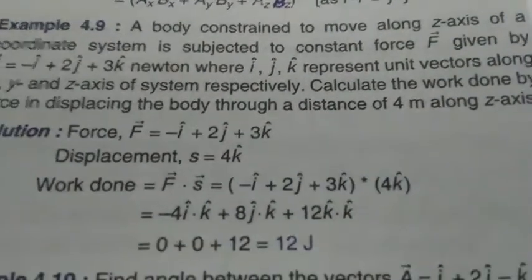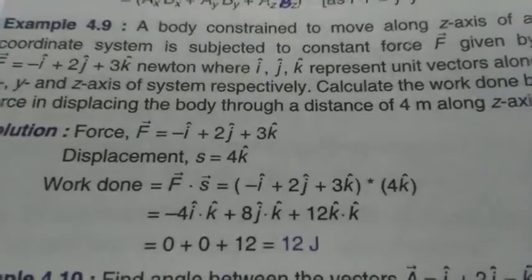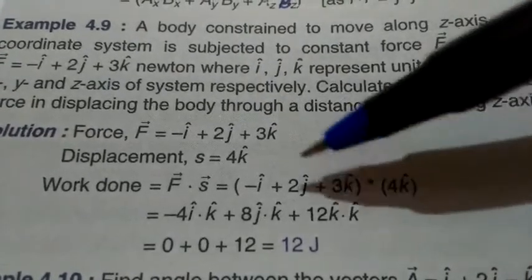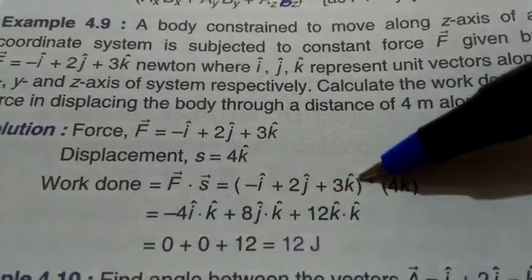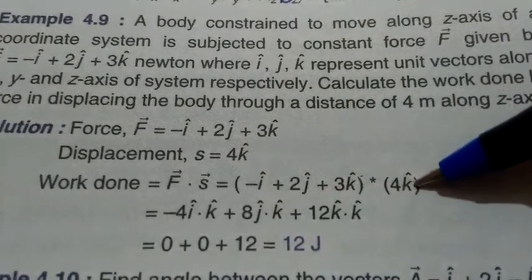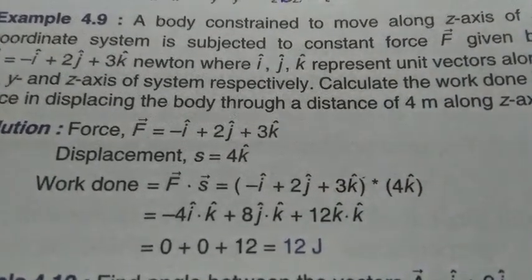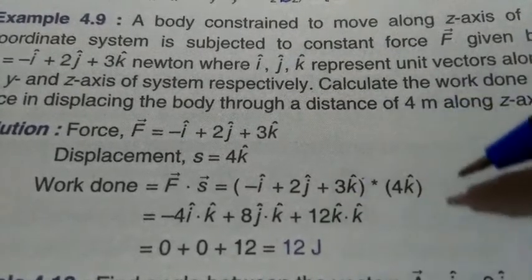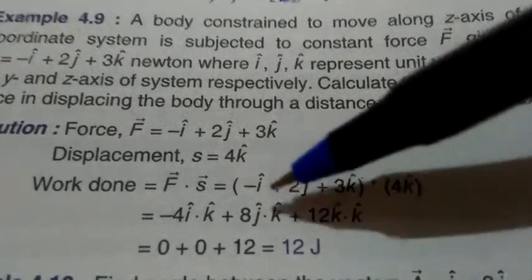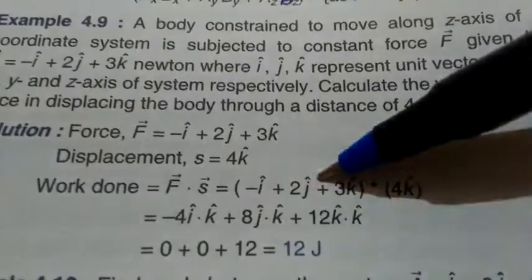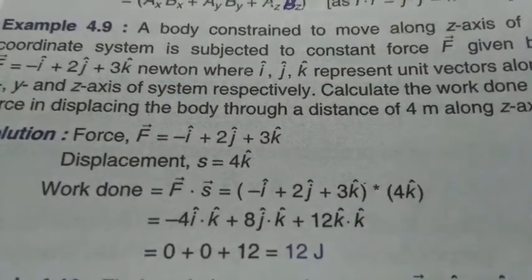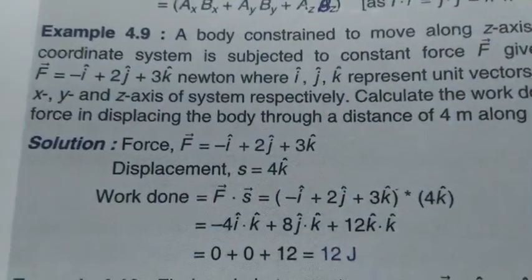So here one very important thing you can see, that if one term is having all three components but the other term is not having those components, so when we find out the dot product, these components which are not present in the second one will become 0. Here i and j is there, but in this term i and j is not there.